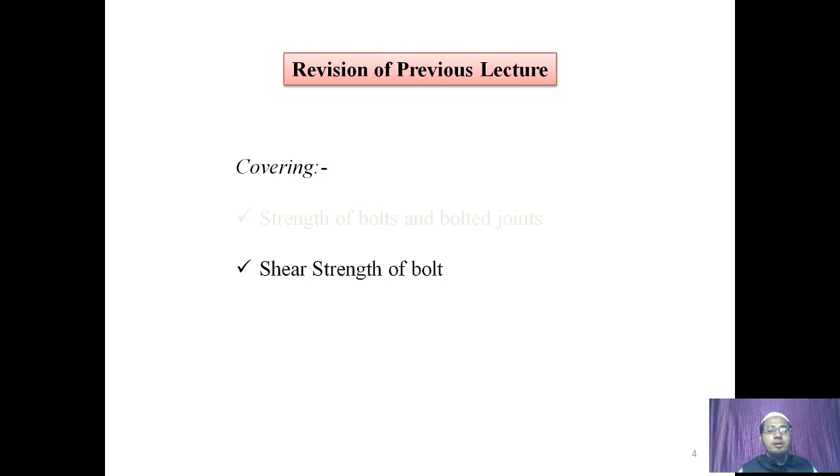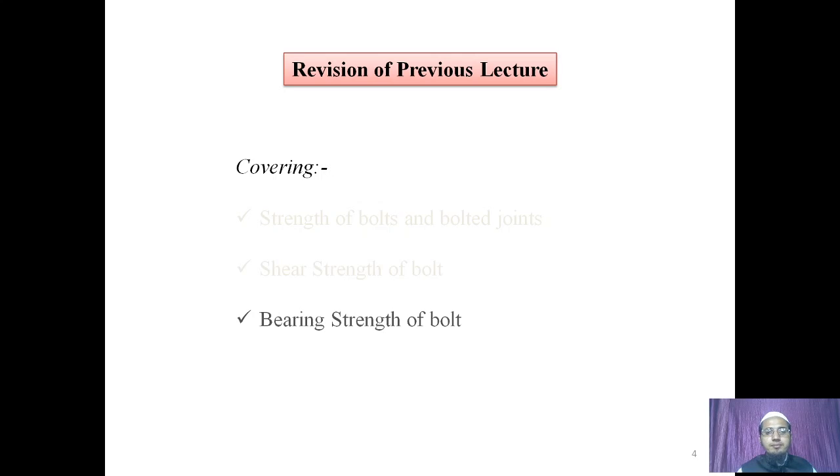Shear strength of bolt can be obtained as VDSB equals nominal shear strength divided by a factor of safety. This nominal shear strength can be obtained as Fu divided by root 3, in bracket, Nn into Anb plus Ns into Asb. We also discussed the terms used in this formula, and gamma MB for this will be 1.25.